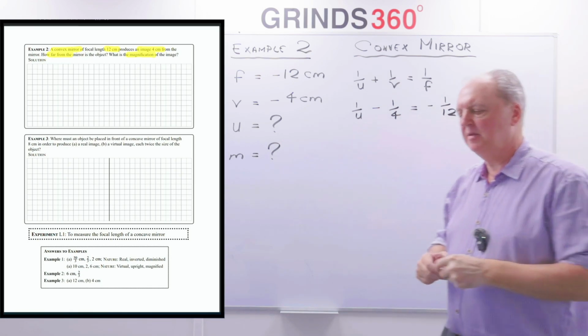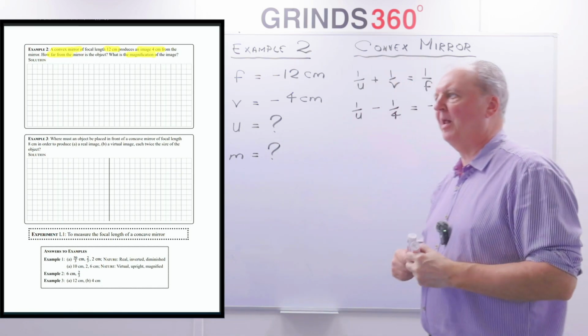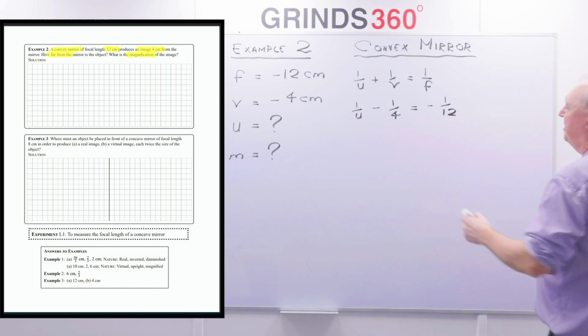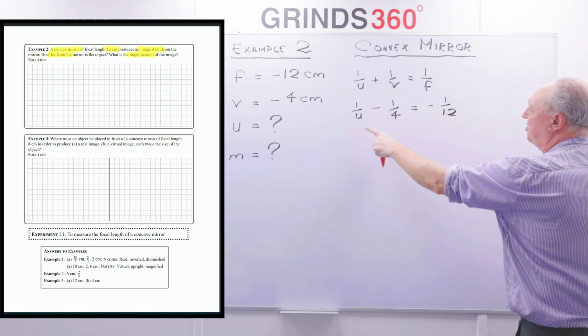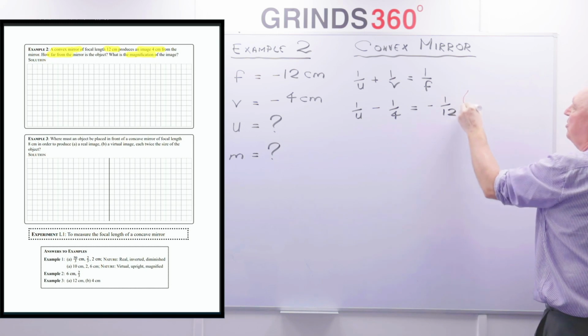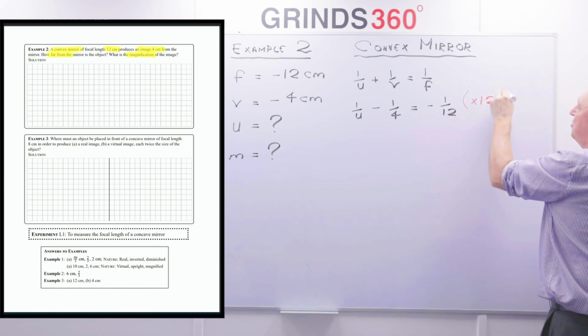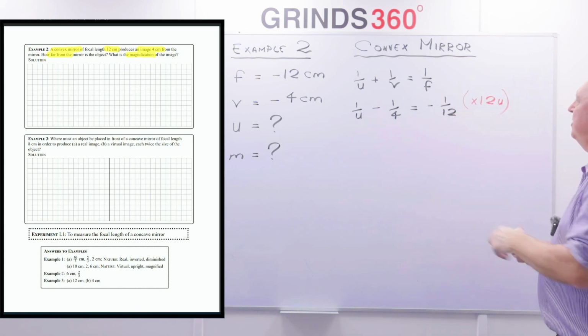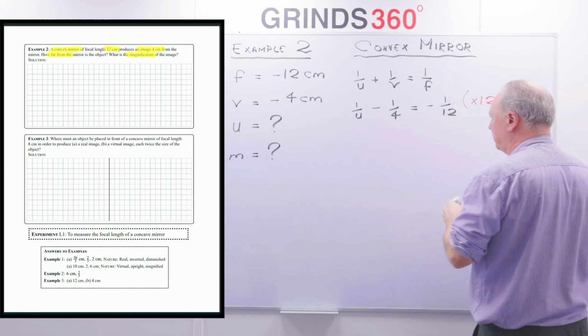So once again, how will I solve that? Well, multiply right across by something that will get rid of all the fractions. What do u, 4, and 12 divide into? They all divide into 12u. So multiply by 12u. So u to 12u is 12 times.